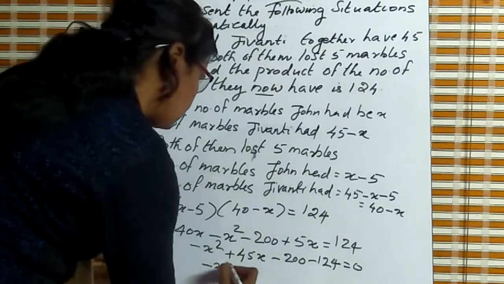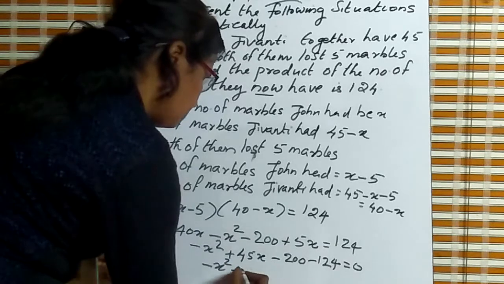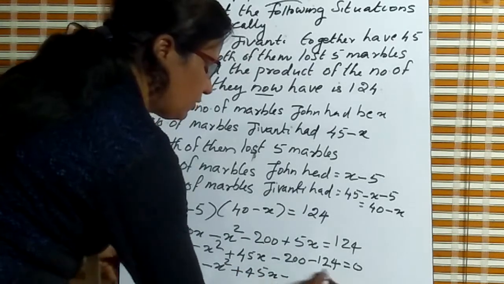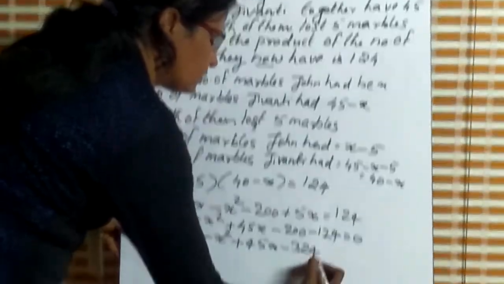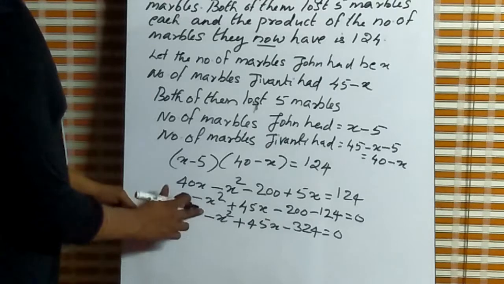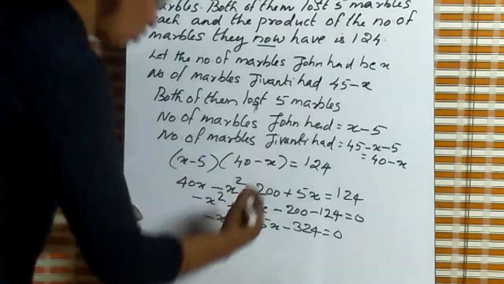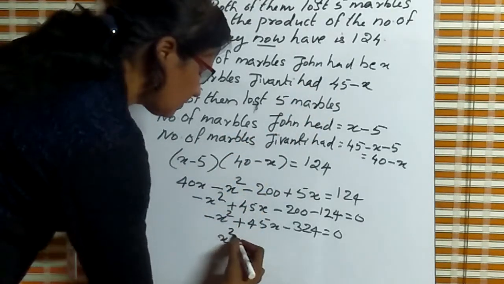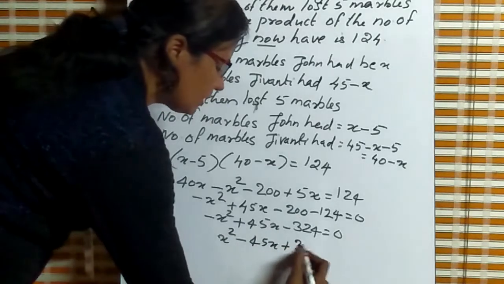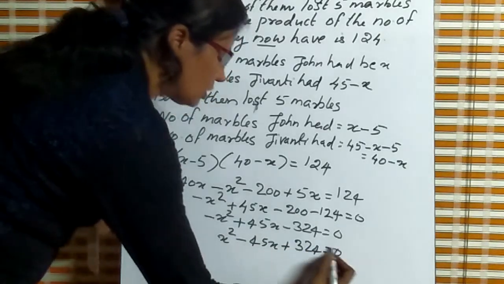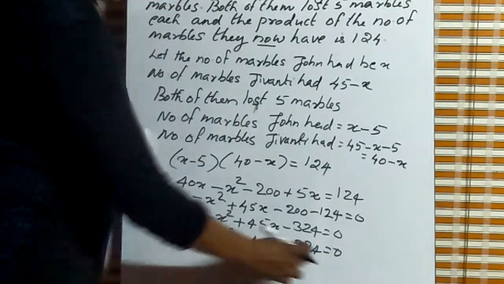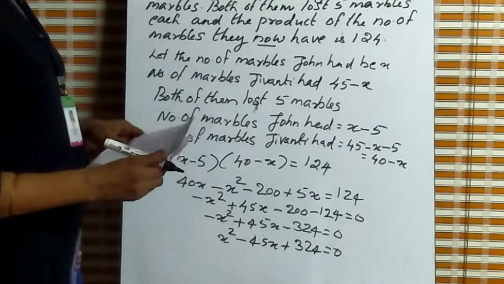So minus x square plus 45x minus 200 minus 124, minus 324, is equal to 0. Here our first term is negative. Multiplying throughout by negative, x square minus 45x plus 324 is equal to 0. This situation is a quadratic equation.